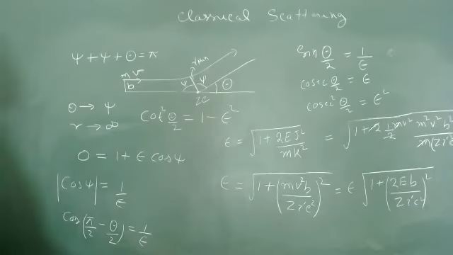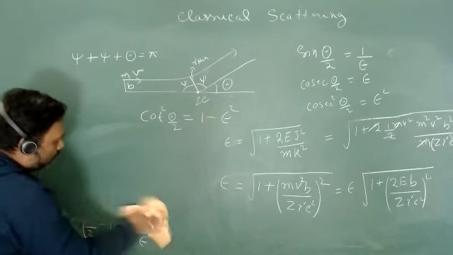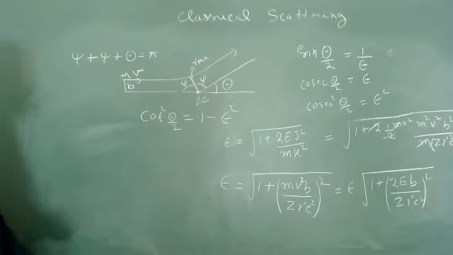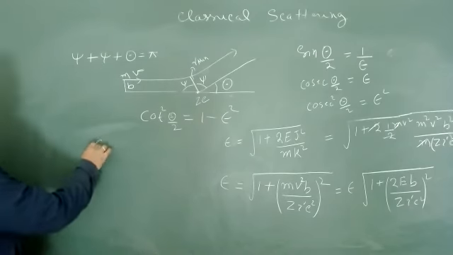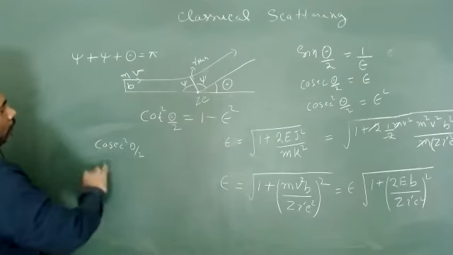Can you write it? Yes, sir. How can you write it? What is the relationship between cot and cosec? 1 plus cot square theta by 2 is equal to cosec square theta by 2.